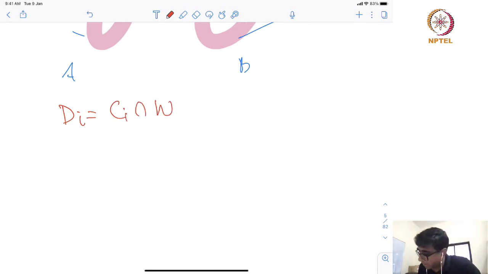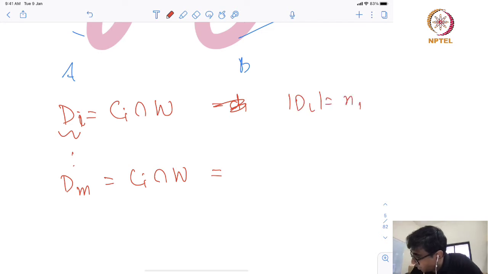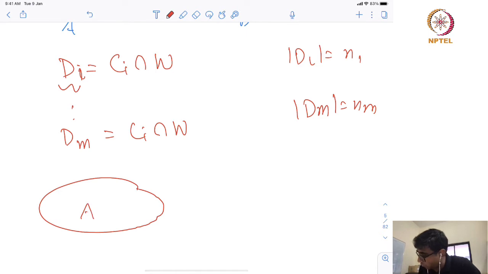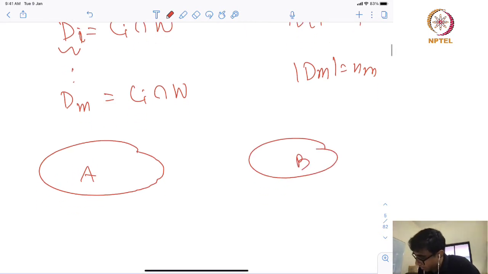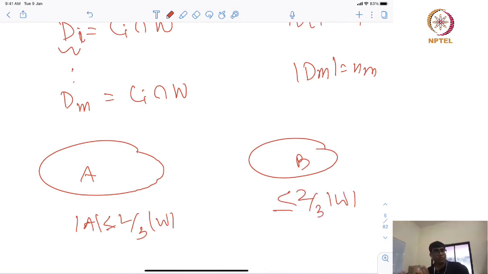And if you recall correctly, suppose we had D1 to DM, CI intersection W, and suppose DI has size N1 and DM has size NM, and then we were able to show that we can find a partition into A and B such that mod A is at most 2/3 of W and B is at most 2/3 of W. Okay. So we knew how to do this, we saw in this slide.